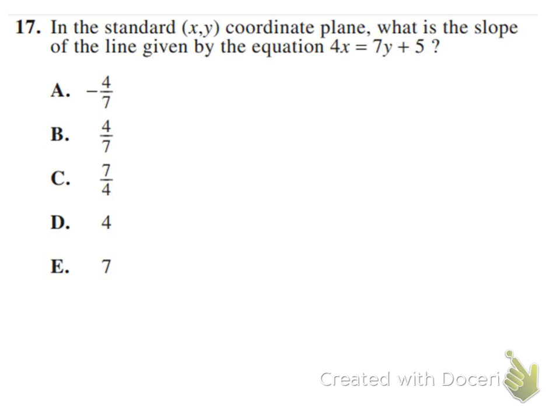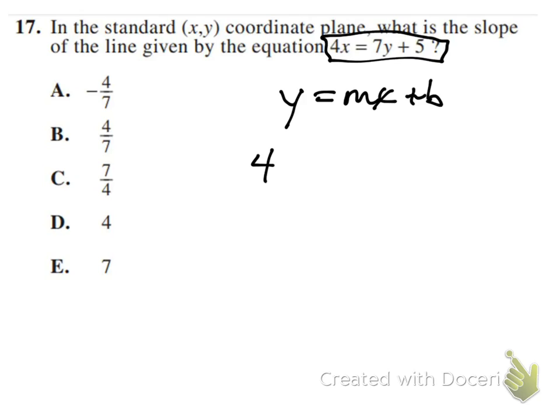In the standard xy coordinate plane, what is the slope of the line? Now, the easiest way, if you're given an equation, to find the slope of the line is to put it into slope-intercept form, right? So if we solve this equation for y, then the coefficient of x is going to be our slope. So how would I solve this for y?